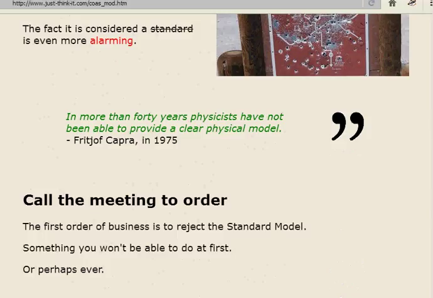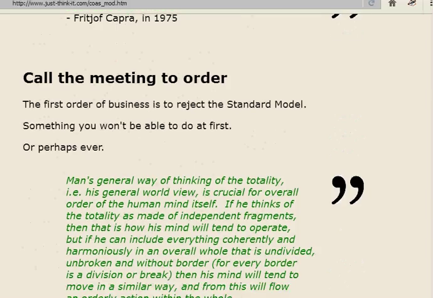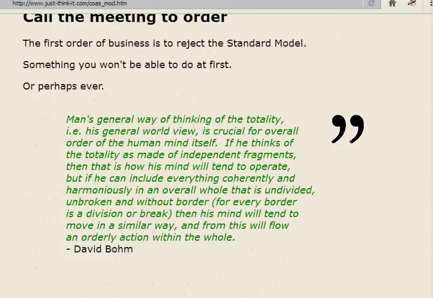The first order of business is to reject the standard model, something you won't be able to do at first, or perhaps ever. Man's general way of thinking of the totality, i.e. his general worldview, is crucial for overall order of the human mind itself. If he thinks of the totality as made of independent fragments, then that is how his mind will tend to operate.